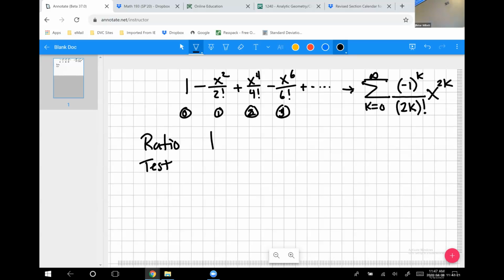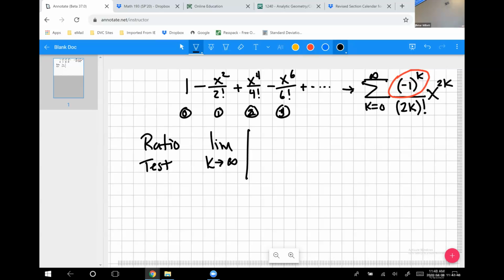So to do the ratio test, I would take the limit as k goes to infinity of the k plus 1th term, but with absolute value, so that we're looking for absolute convergence. And that means I can ignore this part, because the absolute value of -1 to the power is always just going to be a 1. So then what do I get?